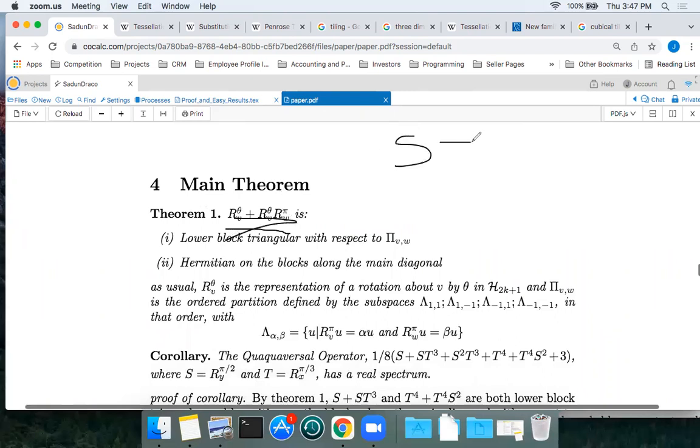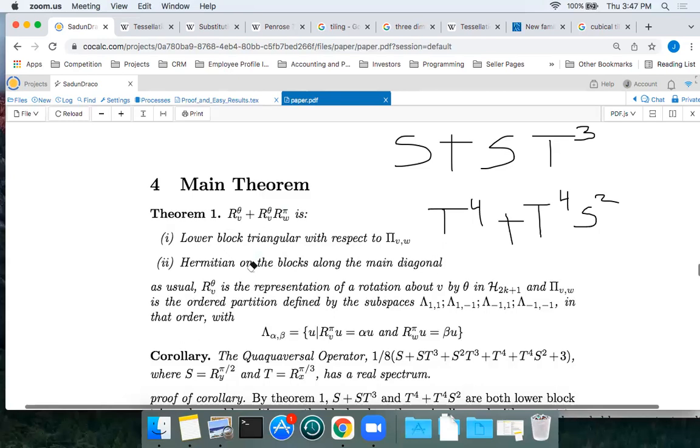That's something of the form s plus s t cubed, but also something of the form t to the 4th plus t to the 4th s squared. In other words, you take a vector, you take a rotation, and then you rotate it by, so here v and w are assumed to be orthogonal.